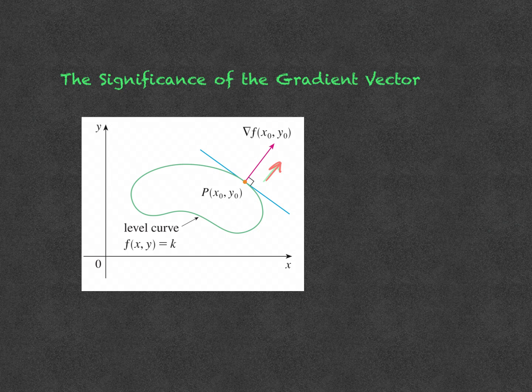So the properties of the gradient vector, consider the gradient vector of f. So number one, your directional derivative at x, y is equal to the dot product of the gradient and the unit vector u. Secondly, the gradient of f is the direction of maximum increase.